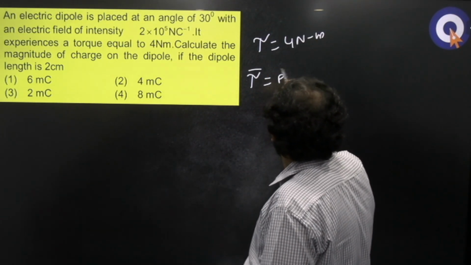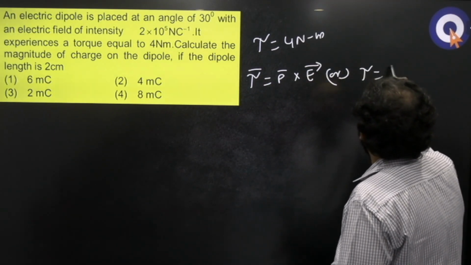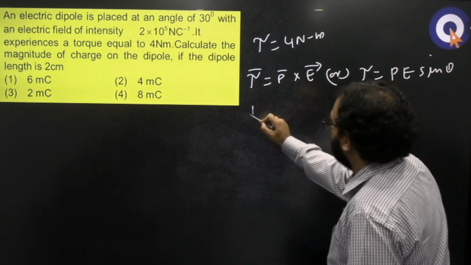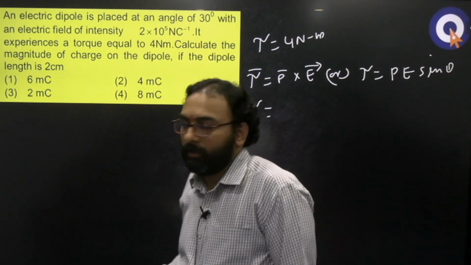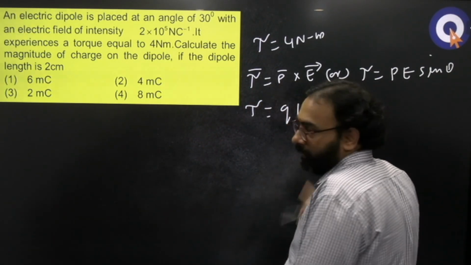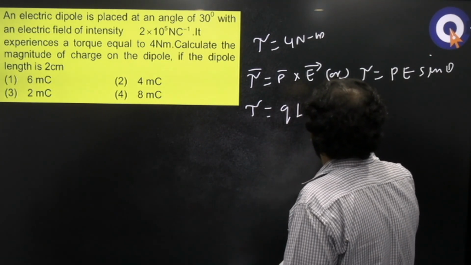Torque is P bar cross E bar, or you can write tau equal to PE sin theta. What is P? Dipole moment, which is charge into length of the dipole. So torque is charge into length into field into sin theta.